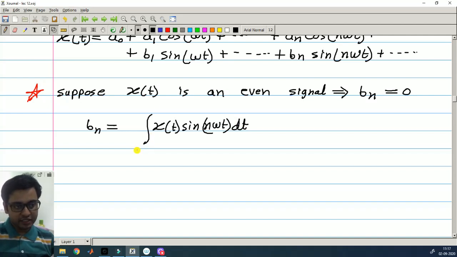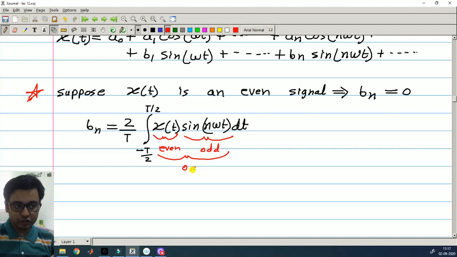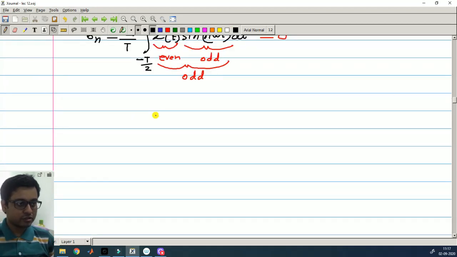So let me take it from minus T by 2 to plus T by 2 and then multiplied by 2 over T. Now if x(t) is even, and sine is odd, their product is odd, and when you integrate an odd function from minus T by 2 to plus T by 2, you must get 0. That's the proof.